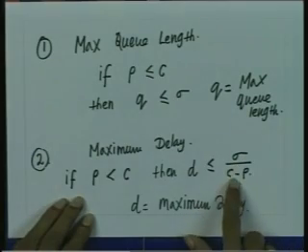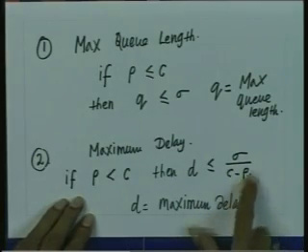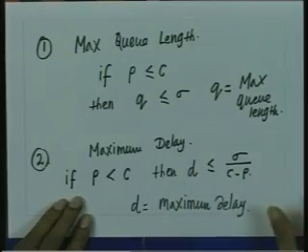Now we had shown that the maximum delay will be given by this result, right. If rho is less than c, then the maximum delay is less than or equal to sigma upon c minus rho. So let's try to prove this result now. Now I define the busy period.